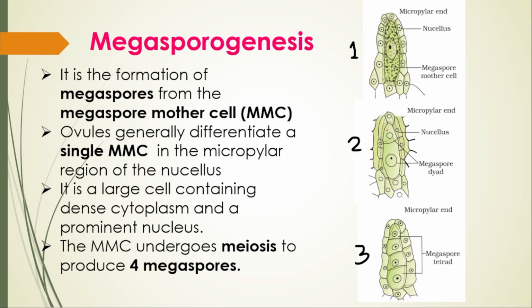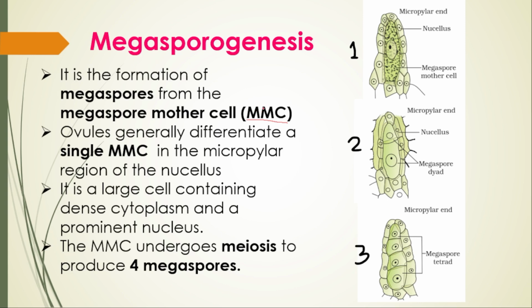So here it is the formation of megaspores from the megaspore mother cell, that is MMC. Already we discussed this. During microsporogenesis the mother cell was the PMC, the pollen grain mother cell.